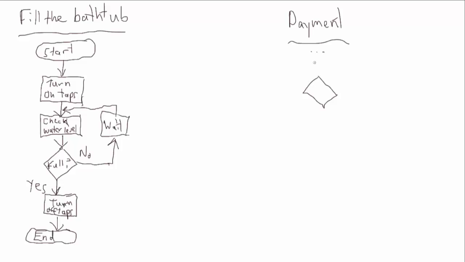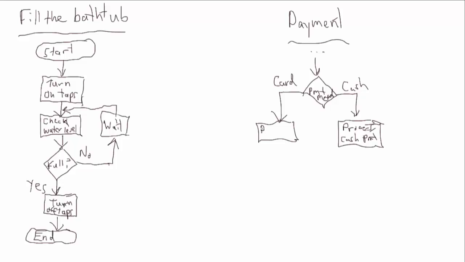we would be coming in, payment method, and we could say cash, process cash payment, card, process card payment, and then rather than having another gateway, we basically just bring both paths back together without a gateway, go to the next step, and continue on down.